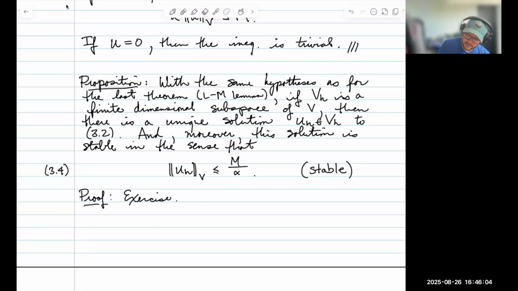Let's call it a stability statement. So why do we call this stability? Well, this is completely independent of the finite dimensional subspace that I choose.